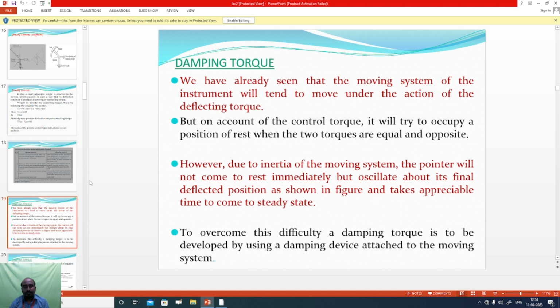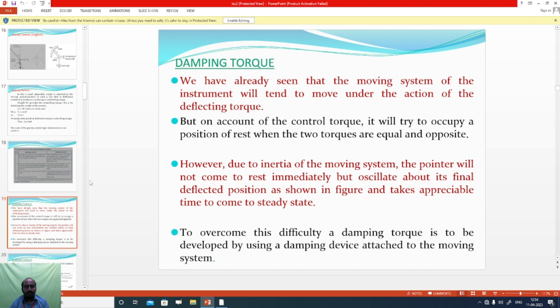So we have seen two torques so far. One is deflecting torque, another one is controlling torque. A deflecting torque is for producing the movement of the pointer, while the controlling torque is for controlling the movement of the pointer to maintain a steady state position.